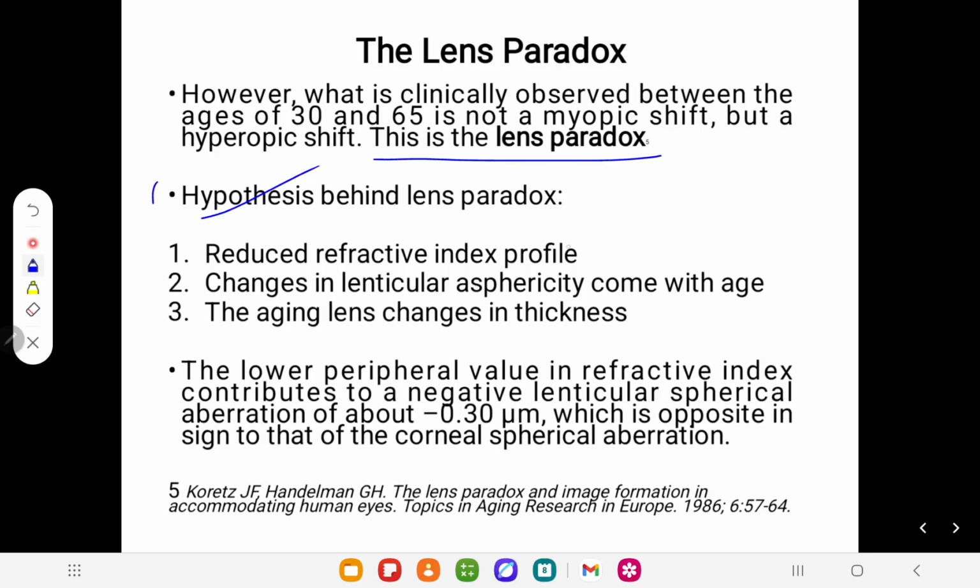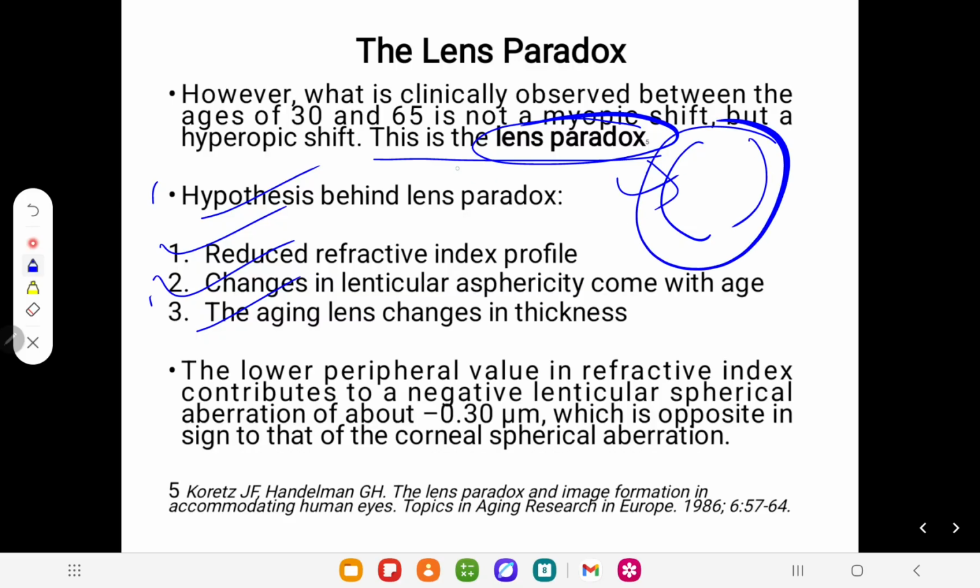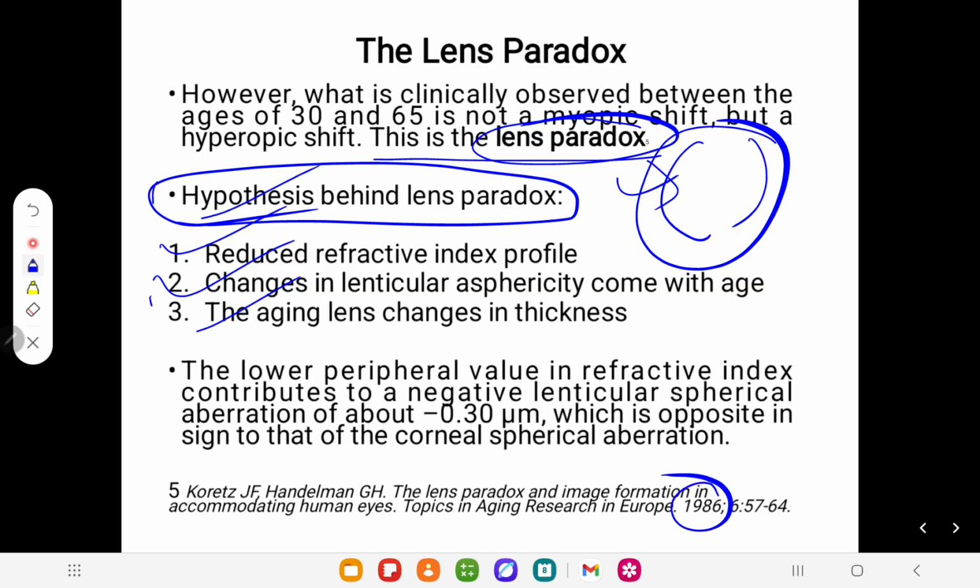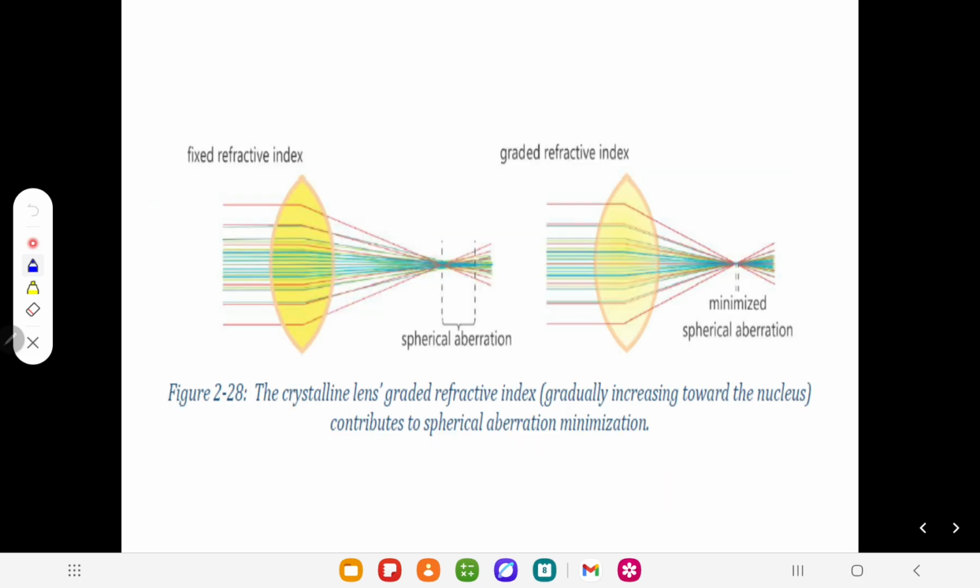The hypothesis is a reduction in refractive index and a change in lenticular sphericity with aging of the lens, because the aging lens surface is more curved, and that's why it should create myopia, but in reality with age people are getting hyperopic, and that's the paradox. Okay, so I'm not trying to discuss this a lot because it's a much older paper.